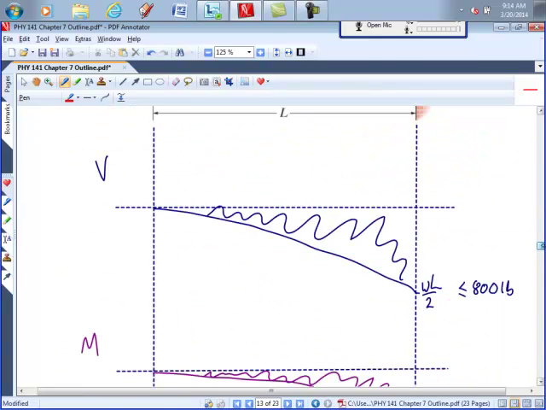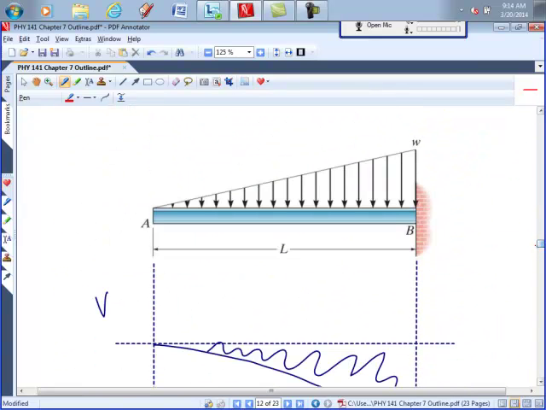In our second example, we had a distributed load that's a straight line function. So the slope of the shear diagram here is equal to the value of this distributed load function. We're starting with a slope of 0, and it increases to a slope of w.